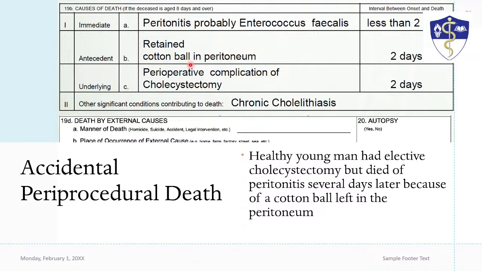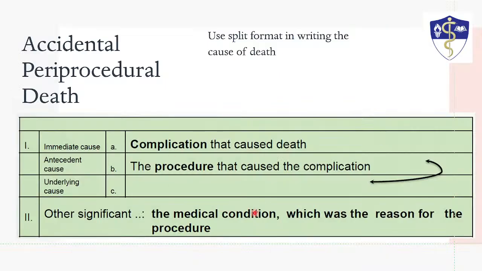It happened because of a retained cotton ball in the peritoneum, which was identified 2 days ago. So it's a perioperative complication of the cholecystectomy 2 days ago. Chronic cholelithiasis is the condition contributing to the death. So this is the medical condition which was the reason for the procedure.